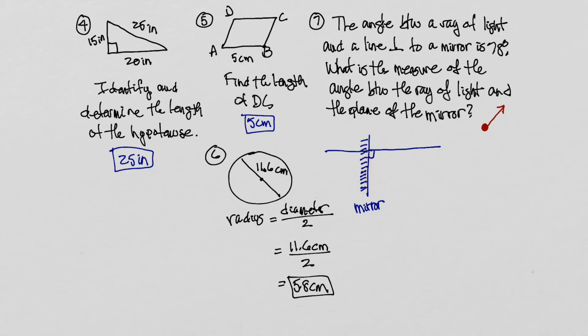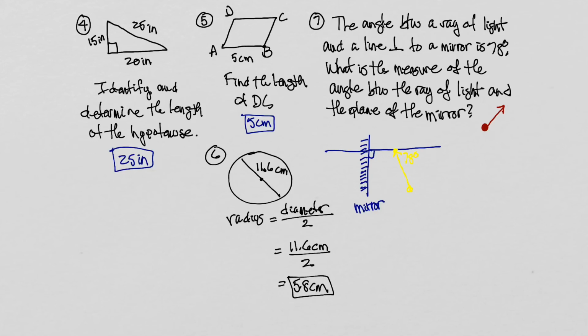Here's a mirror, the shiny side here, and here's a line perpendicular to the mirror. And what we're given is that the angle between a ray of light and a line perpendicular to the mirror is 78 degrees. So suppose here's a ray of light. Maybe it comes in here, and it goes up right to here and hits that line. And I guess this angle here would be 78 degrees.